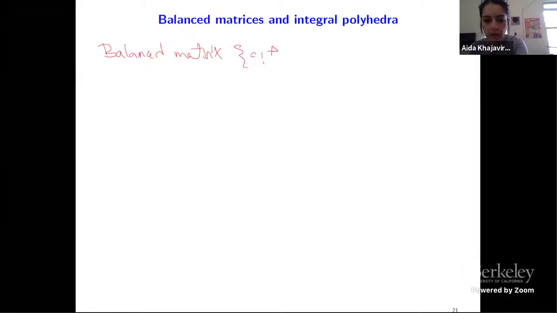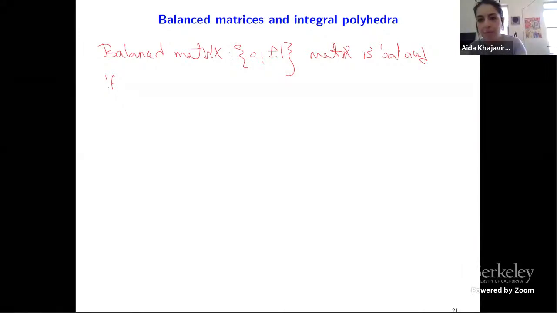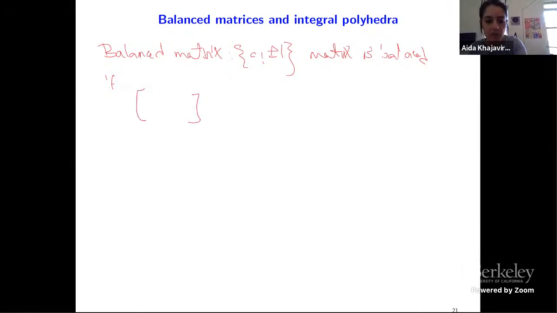A 0, minus 1, plus 1 matrix, so the entries could be 0, plus or minus 1, is balanced if in every square submatrix with exactly 2 non-zeros per row and per column, the sum of the entries is a multiple of 4. So for example, if you can find a 3 by 3 matrix where the sum of the entries is 6, then this is not a balanced matrix.